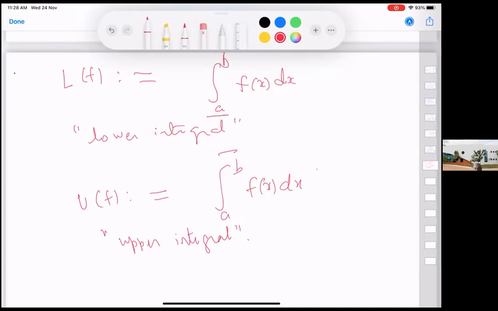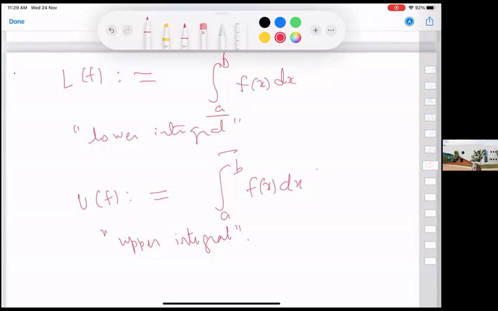Riemann integrability is the notion that upper and lower integrals agree, and that common value is the integral. Okay. And we are going to prove next class that if f is a continuous function, then upper and lower integrals agree.